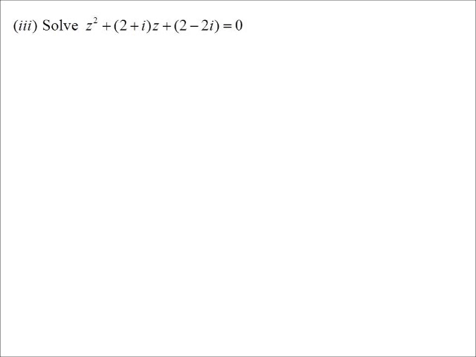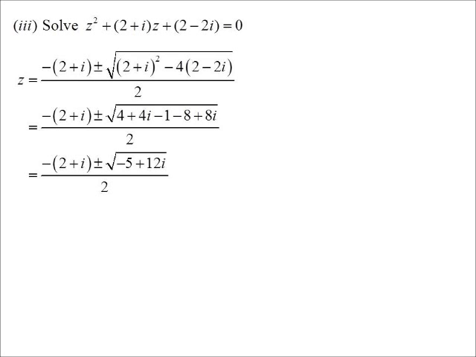Coefficients aren't always real. So I could go and get a quadratic equation where the coefficients are also complex numbers. But the quadratic formula doesn't change. z equals negative b plus or minus the square root of b squared minus 4ac. Tidying up under the square root sign. Oh, look at that. 5 and 12. Thank you very much. 5 and 12.